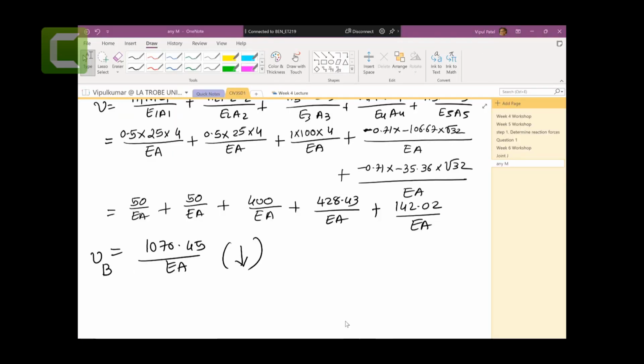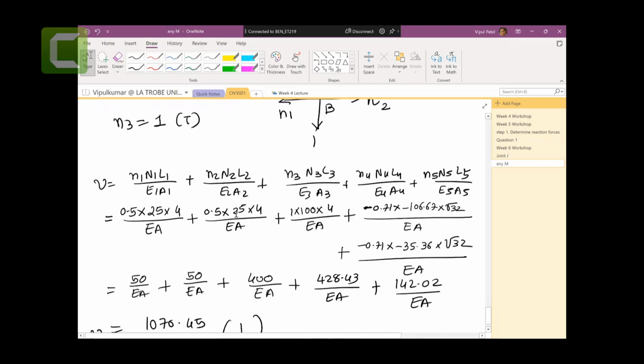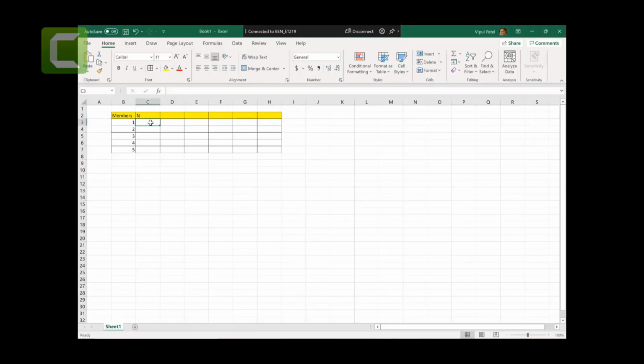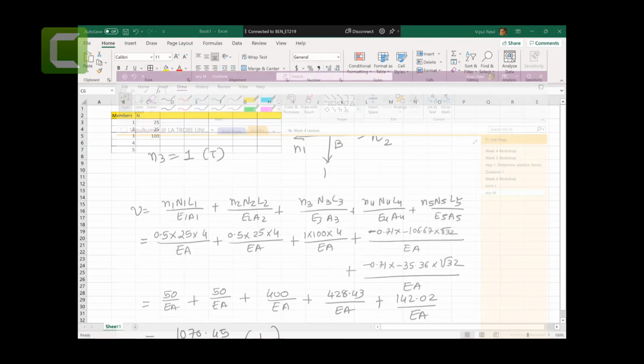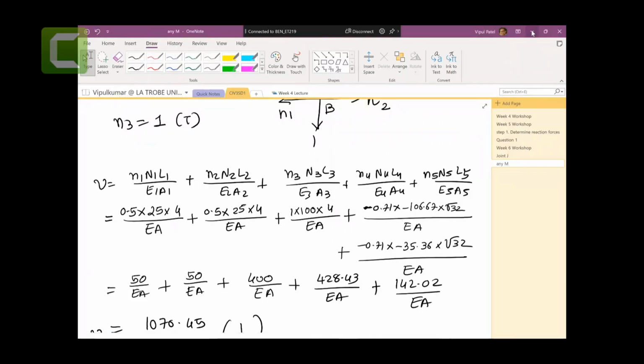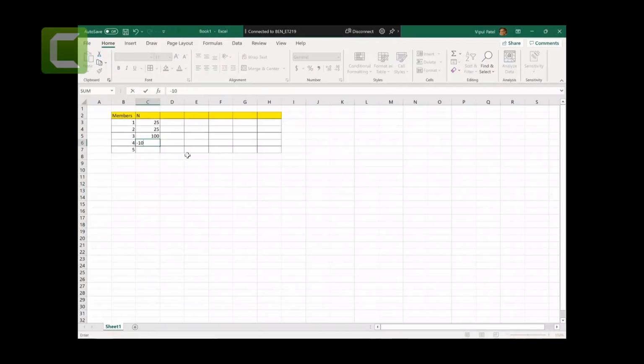Let's copy this N1 here. 25, 2500, and then you have minus 106.67, minus 106.67, minus 3536. Are you following this, right? Is all good now? You can stop me if you don't understand any of this.